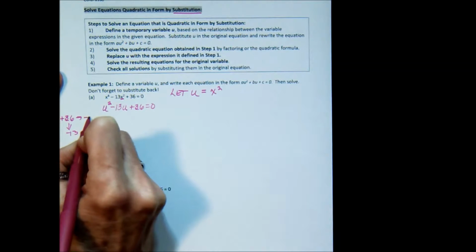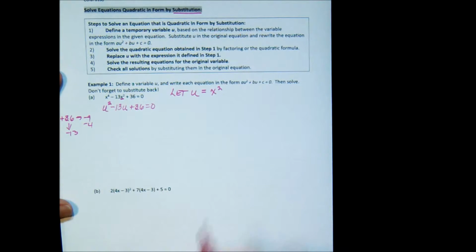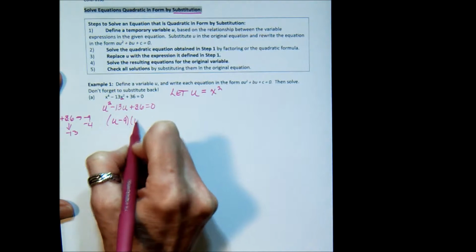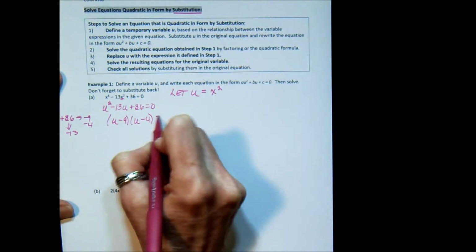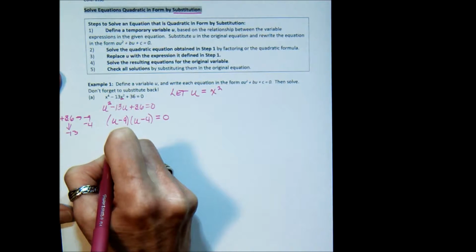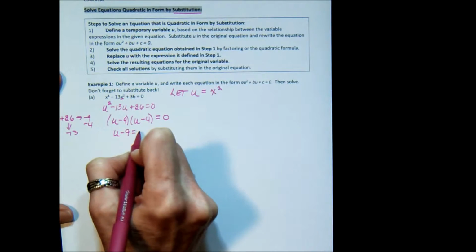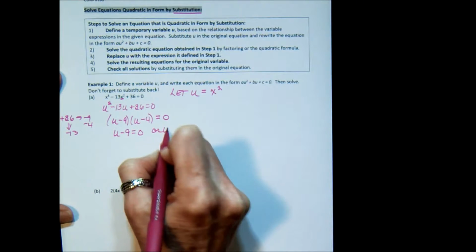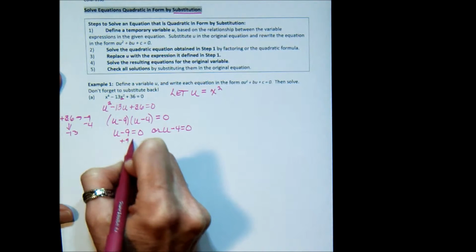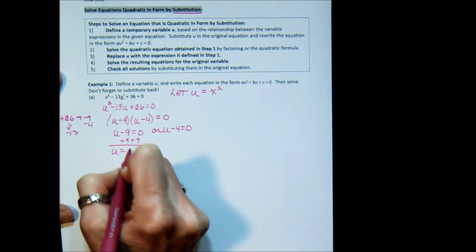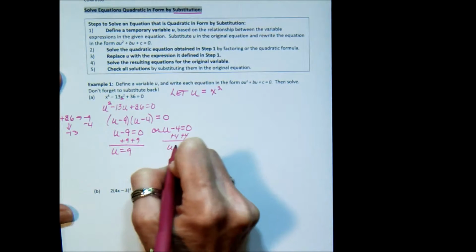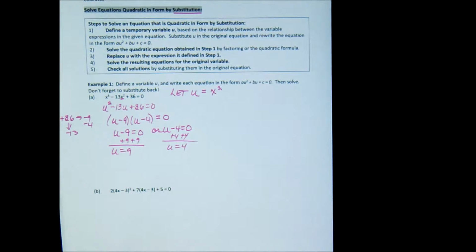I believe that is negative 9 and negative 4. That gives me u minus 9 times u minus 4 equals 0. Using the zero factor property, I say either u minus 9 equals 0 or u minus 4 equals 0. I solve those two little equations and I get u equals 9 or u equals 4.